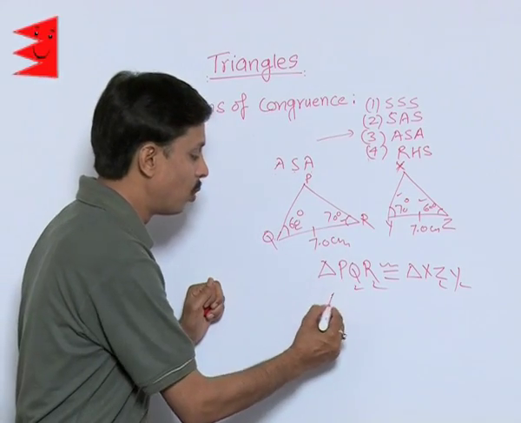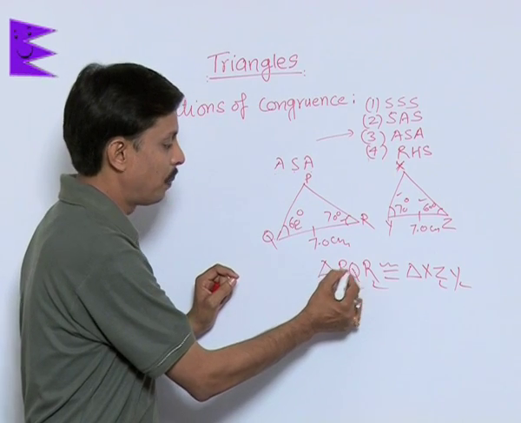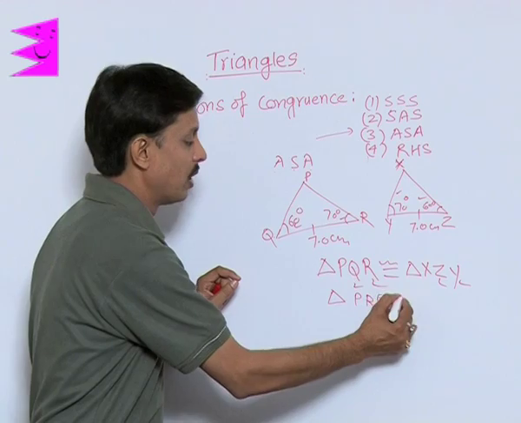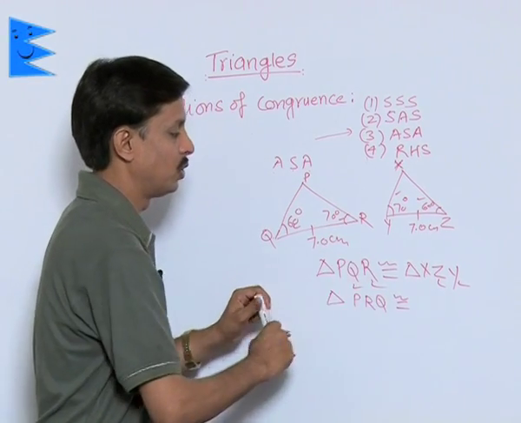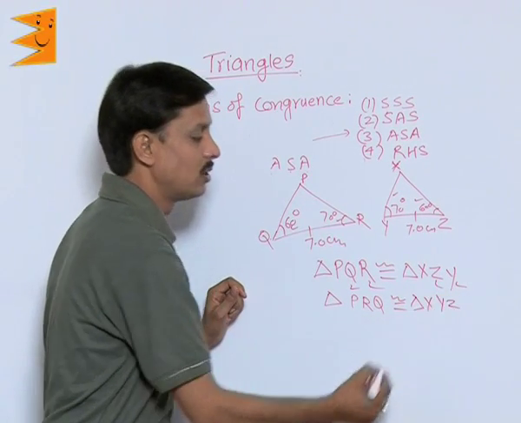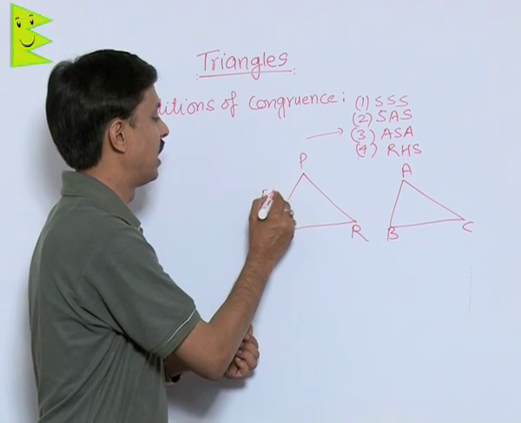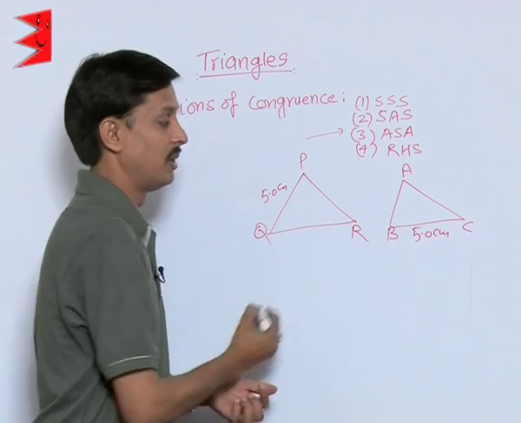Suppose you want to change the order. In place of PQR, you want to write PRQ. Then automatically, as you have changed Q and R's positions, the positions of Y and Z will change. Suppose the length of this side is 5 centimeters. The length of this side is also 5 centimeters.